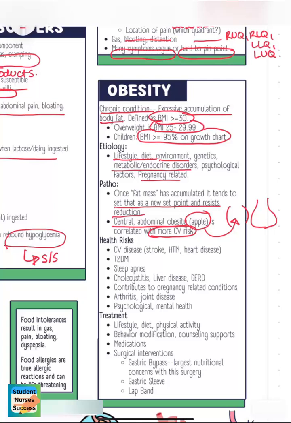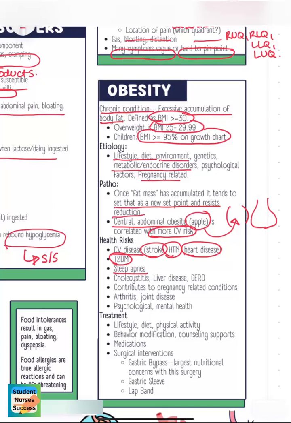As far as obesity, it is a chronic condition and it leads to other chronic health conditions. It increases your risk of cardiovascular disease, which includes stroke, high blood pressure, and heart disease or coronary artery disease. It increases the development of type 2 diabetes. It increases sleep apnea.